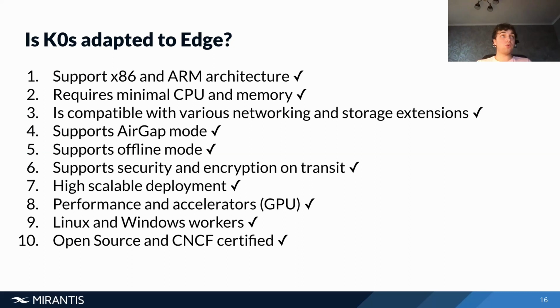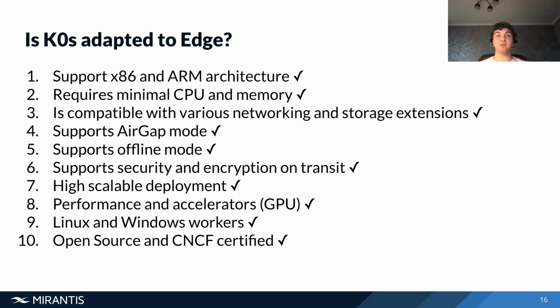And how k0s is adapted, I already talked about a bit, but there's a summary on the slide. You can see that it supports ARM architecture, which is pretty important for small devices. It has a low hardware footprint and is compatible with a lot of solutions for storage and networking.